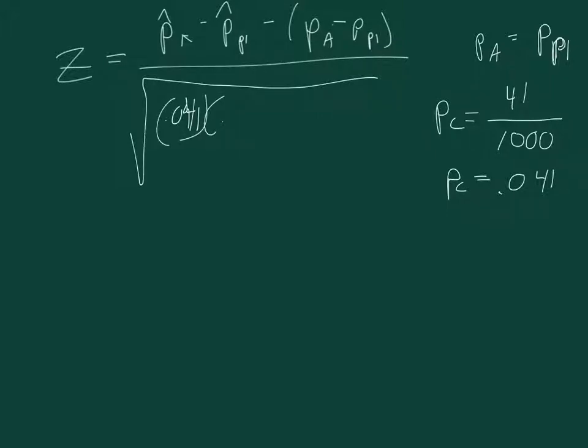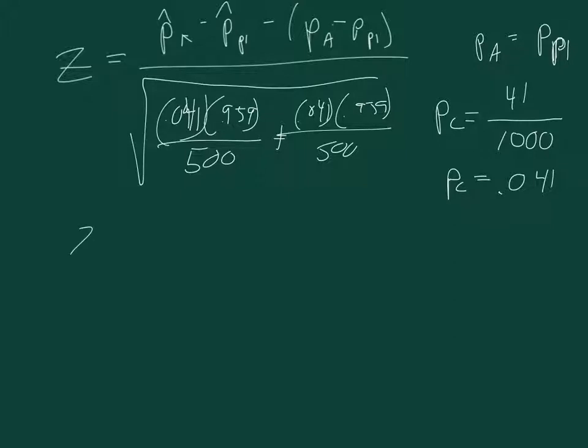Times point whatever 1 minus 0.041 is 0.959 divided by N1, which is 500, plus, and it ends up being the exact same thing, 0.041, because both are the same sample size. And of course, at this point, I go to my calculator.